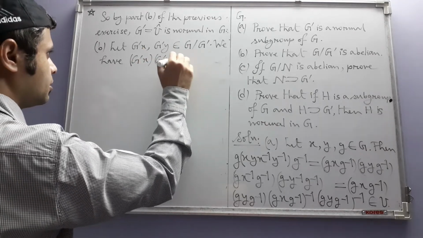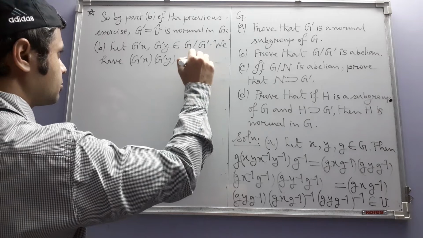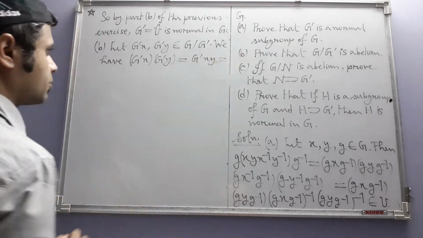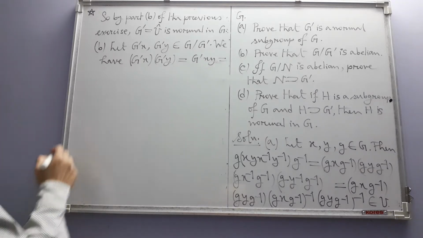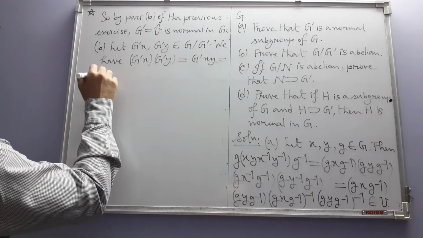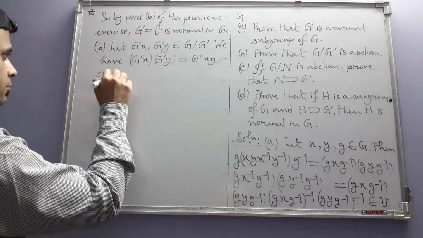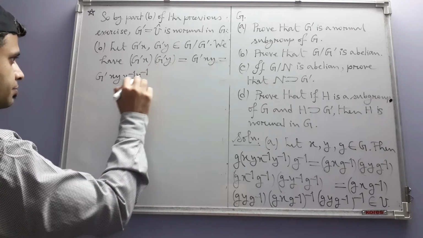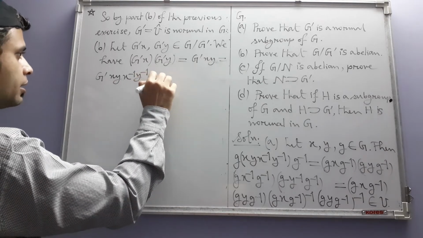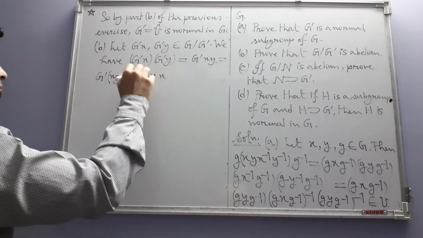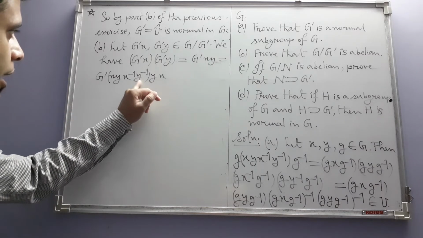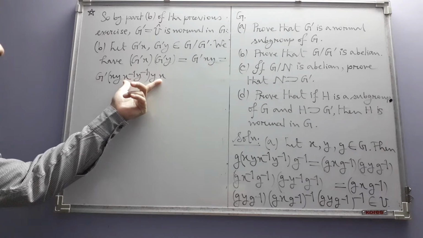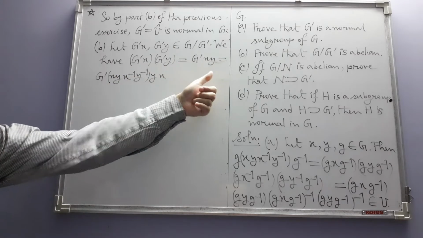So this is equal to G prime xy, and now this can be written as G prime x y x inverse y inverse y x. You see, y inverse and y cancel out. After that, x inverse and x cancel out, and we are left with xy.